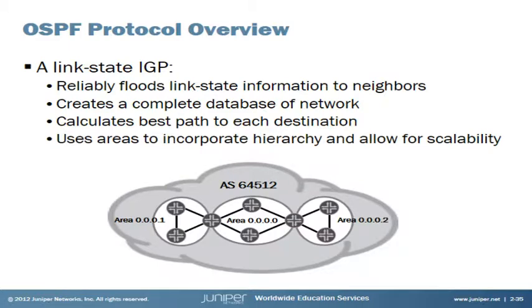A link state IGP floods link state information to its neighbours, creates a complete database of the network, and then calculates the best path to each destination network. We also use this concept of areas to allow for scalability. Primarily, efficiency and scalability is what the concept of areas provides to us.